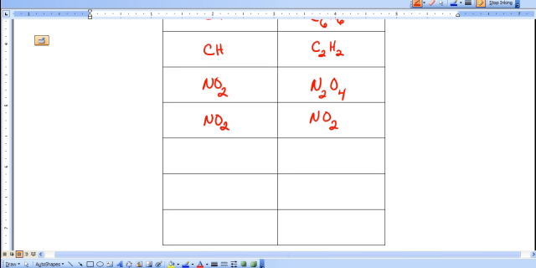Let me hang on just for a moment. All right, I'm going to put up three molecular formulas here. We'll go with vinegar, which is C2H4O2. It's actually acetic acid, but diluted it's vinegar.